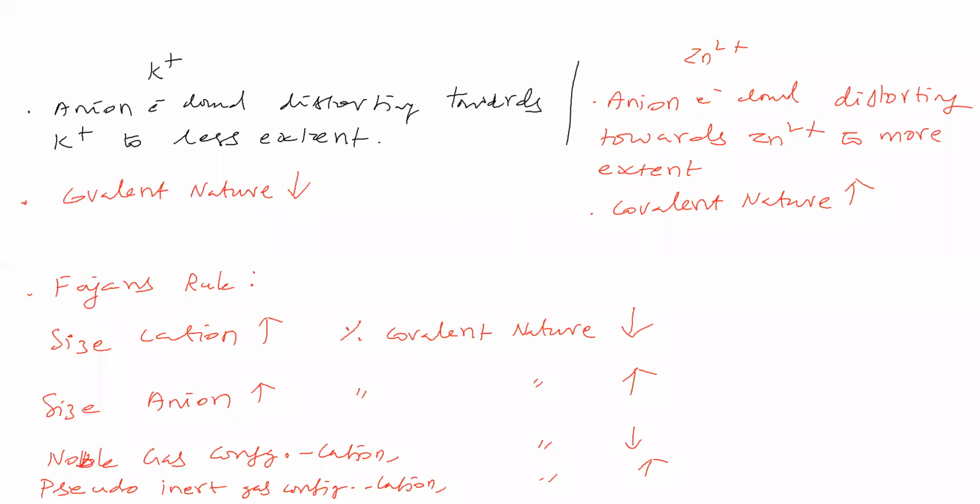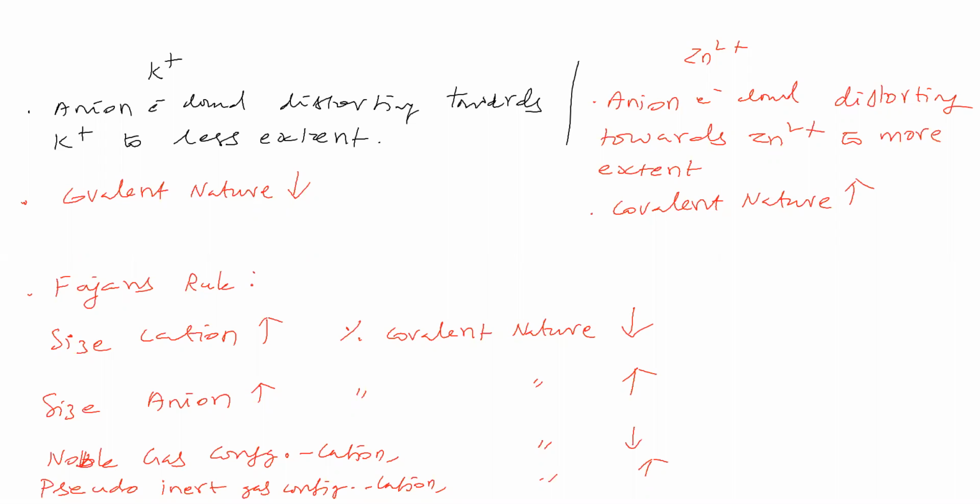So covalent nature is low means we can say ionic nature will be high. Like this we can say. So sum of the percentages will be 100. To the extent covalent nature is there, to that much extent less ionic nature will be there. If covalent nature increases, ionic nature decreases. In that way we have to say.